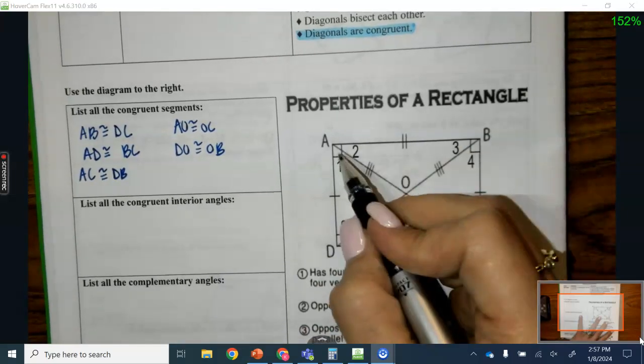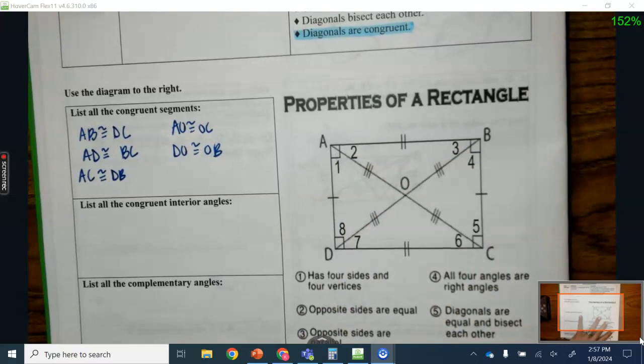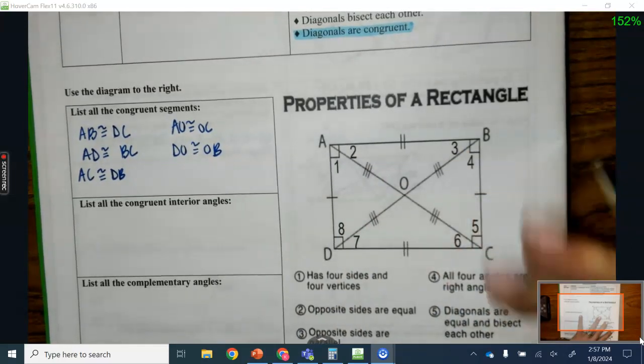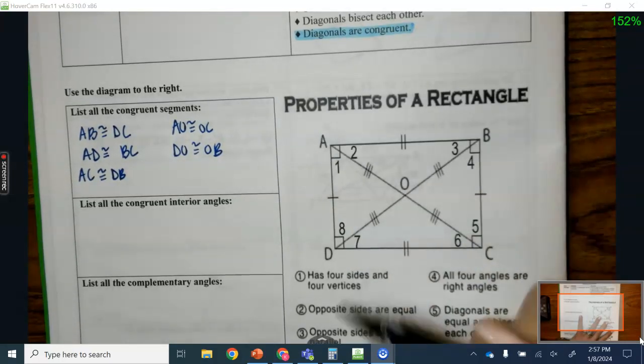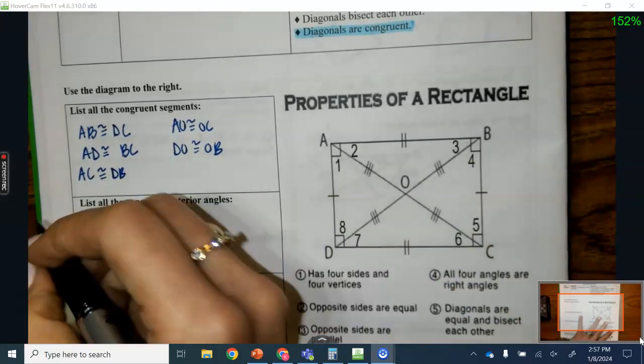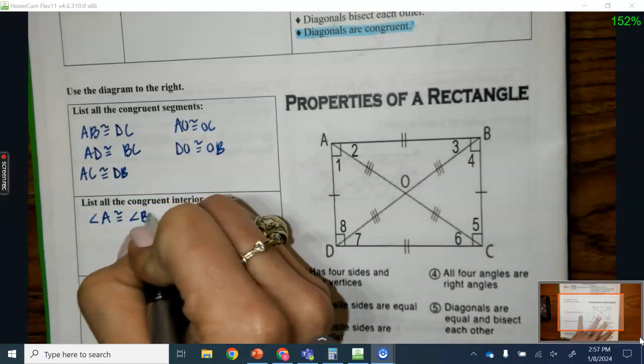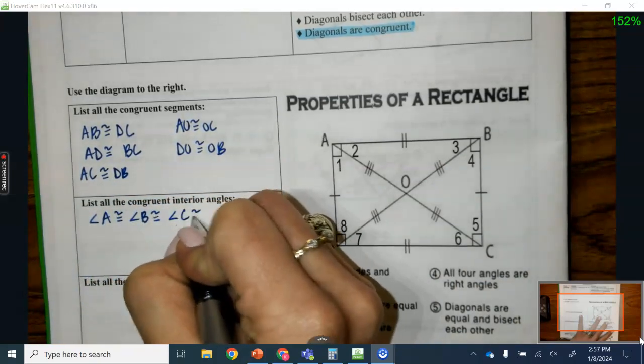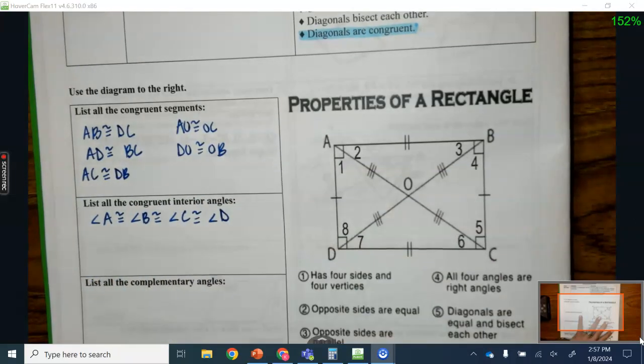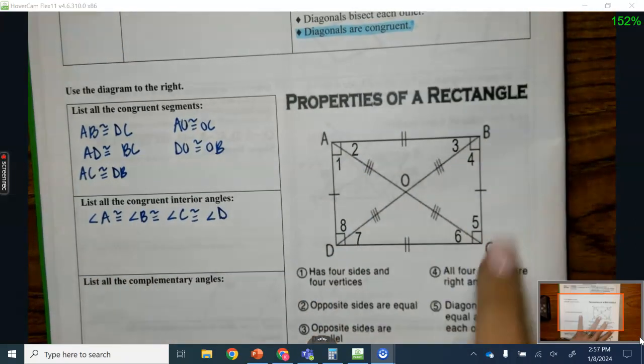I know that opposite angles are congruent and consecutive angles are supplementary. With a rectangle, all 4 are equal to 90 degrees. So angle A is congruent to angle B, which is congruent to angle C, which is congruent to angle D, all 4 of my right angles.